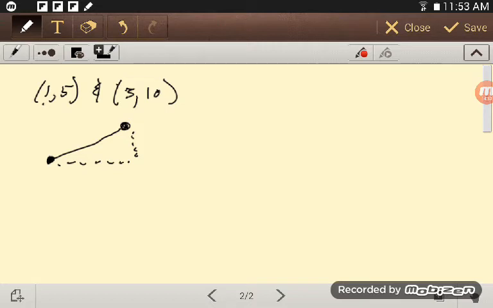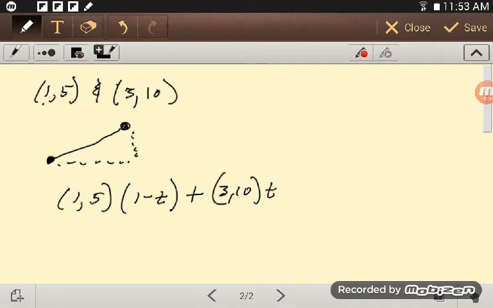Then what I would do is, I could say it this way: (1, 5) times 1 minus t, plus (3, 10) times t, and that's for 0 less than or equal to t less than or equal to 1.